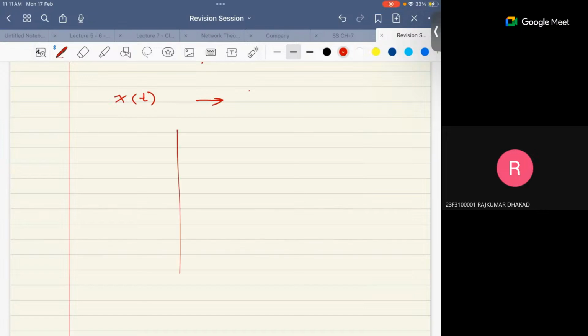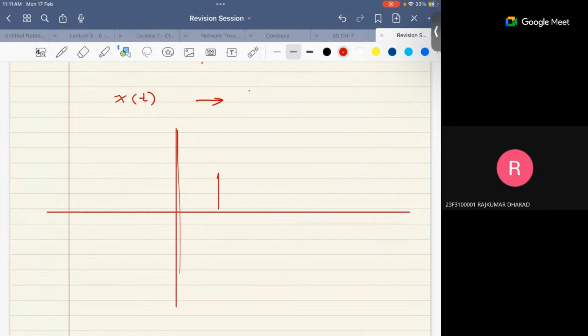Now, let's say for example, this is the signal. First tell me whether it's an energy signal or not. Yes, sir, it is energy, finite duration, finite magnitude. Yeah, correct. What will be the energy for this signal? How will you calculate?